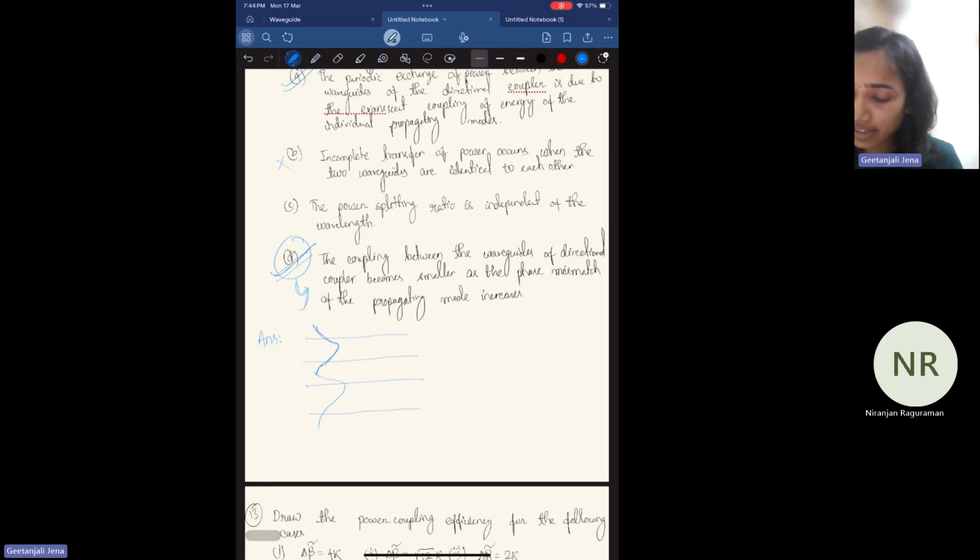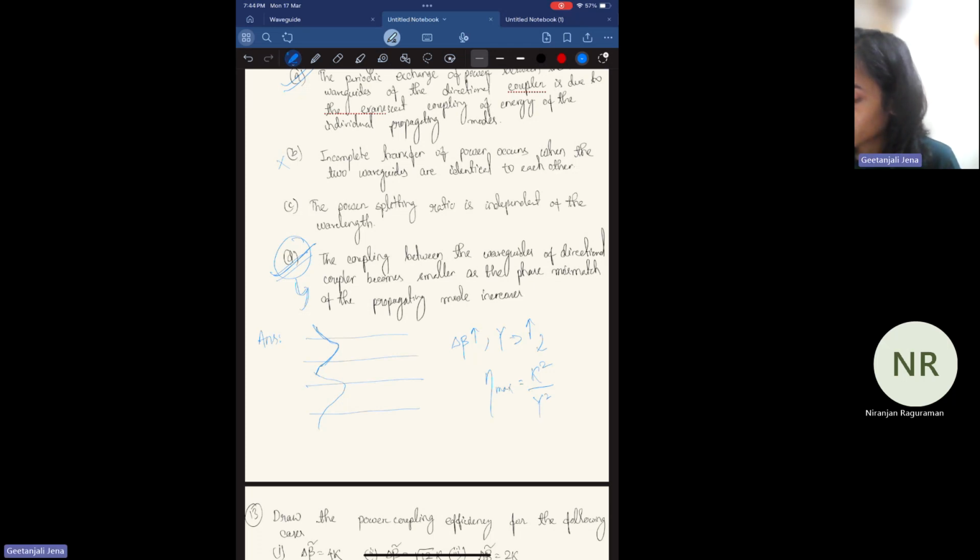coupling is related to the efficiency of power transfer, right? So if the phase mismatch increases, that means the gamma value will increase, right? And eta max, if you recall, is kappa squared over gamma squared.